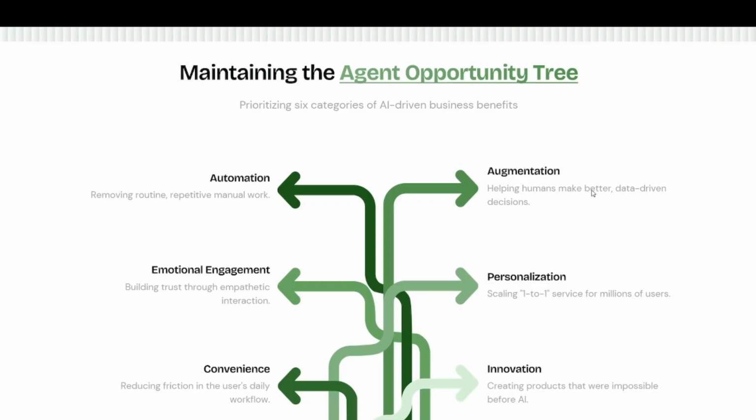This is helping humans make better data-driven decisions. So instead of humans assuming and giving assumptions, or giving feedback that is not grounded on company data, the agentic system is using the RAG database, giving information based on the historical data and the company information, and it is operating within policy and governance.